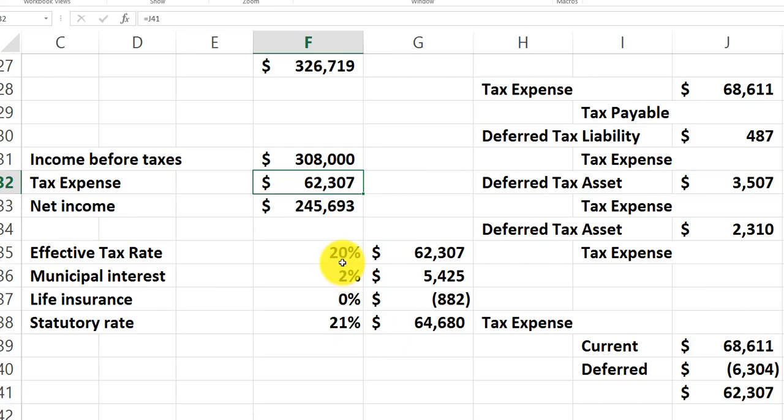So often when you round off, you don't get exactly the amount you expected. But this is what our tax expense would have been at the 21% rate. So we reconcile what the law says with what we actually paid based on our two permanent differences. And given the small amount of the life insurance permanent difference, you probably could just put those together as one permanent difference in your disclosures.